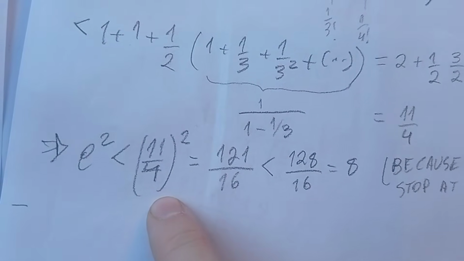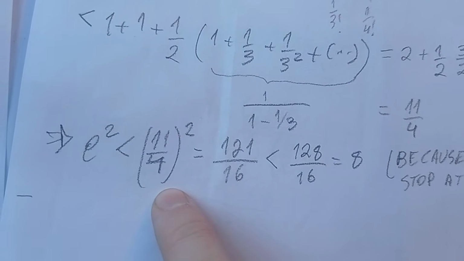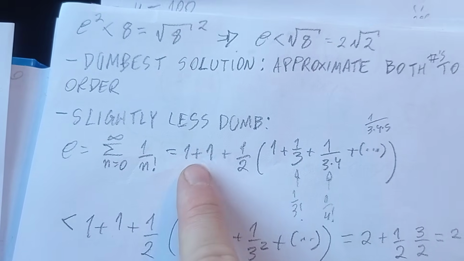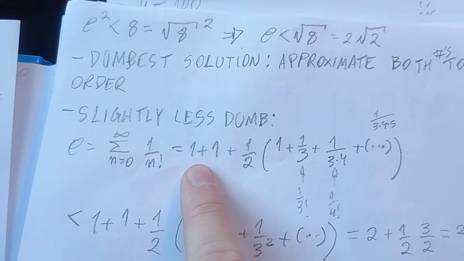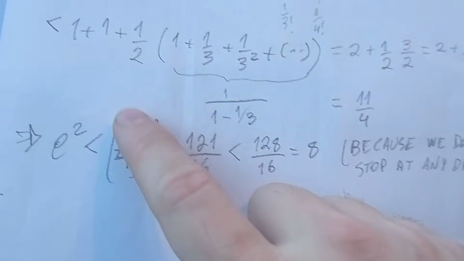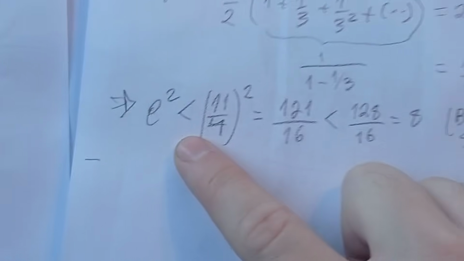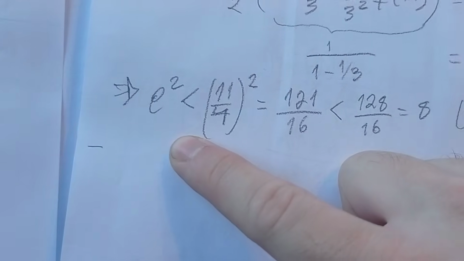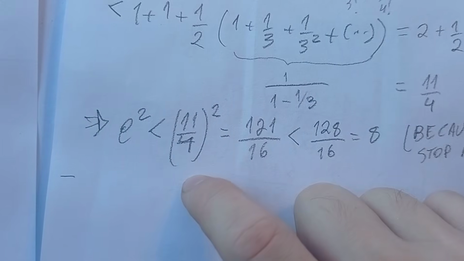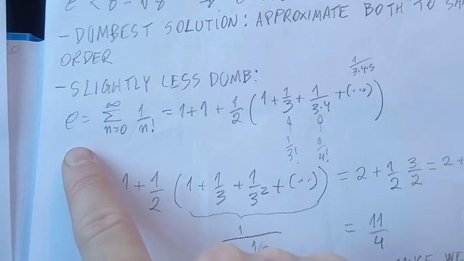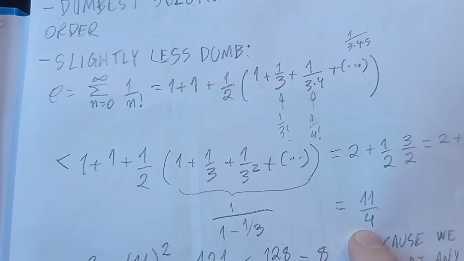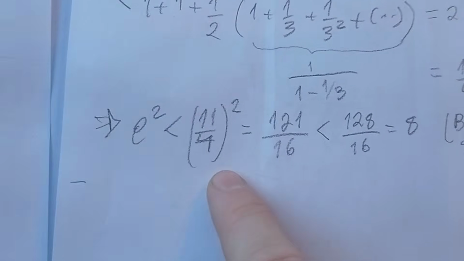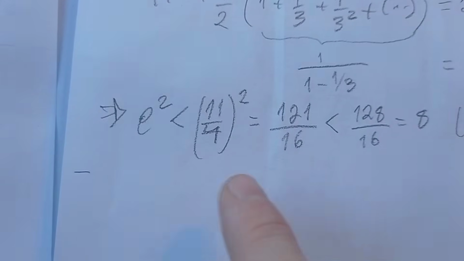So e squared is smaller than 11/4 squared because e is bigger than 1, as this can already tell you strictly. So since it's bigger than 1, its square is going to be a lot bigger than 1. So this means that if e is bigger than 1 and 11/4 is bigger than 1, if we square both those numbers, their squares maintain this type of relationship.